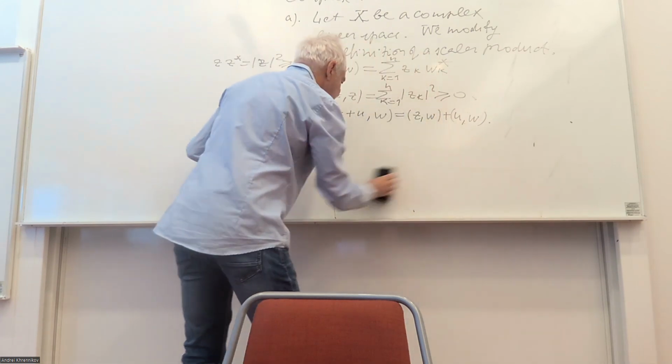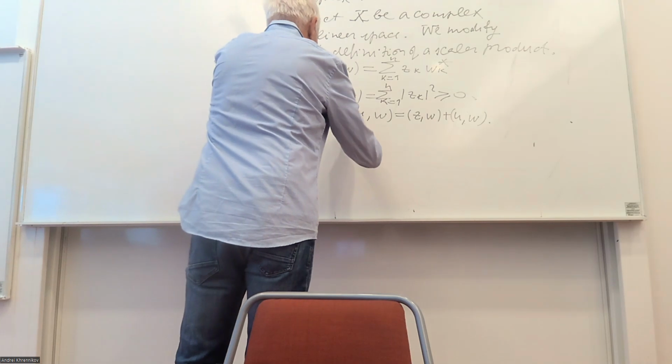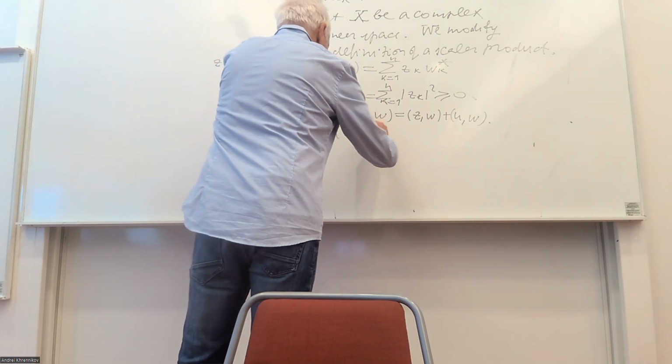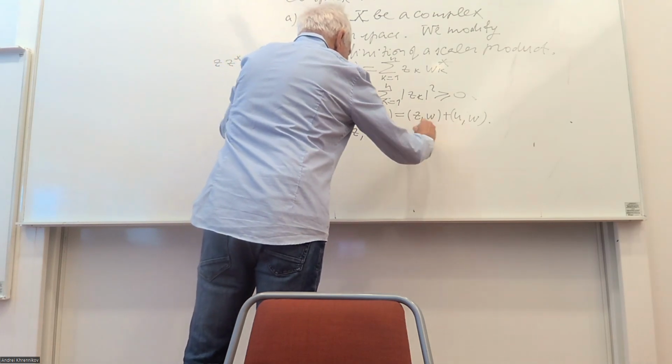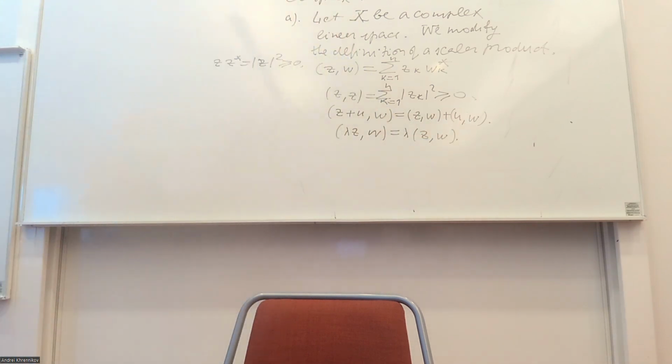So multiplying the first coordinate by lambda, (lambda z, w) is the same as lambda (z, w). So in this example, the scalar product is linear with respect to the first argument.